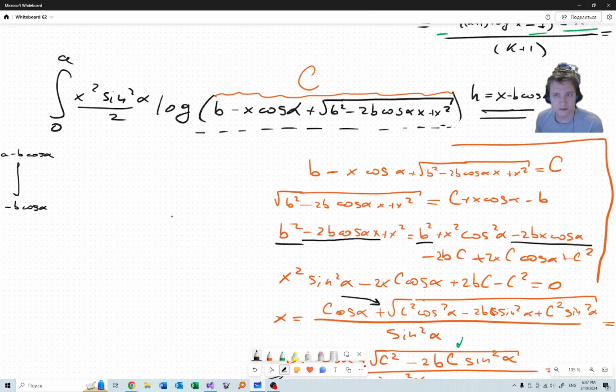So we have here h plus b cos alpha squared, sine squared alpha over 2, times the logarithm of b minus h cos alpha, minus, plus, minus.